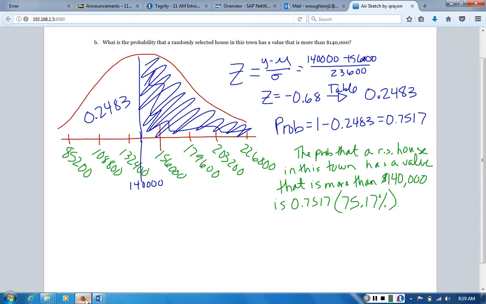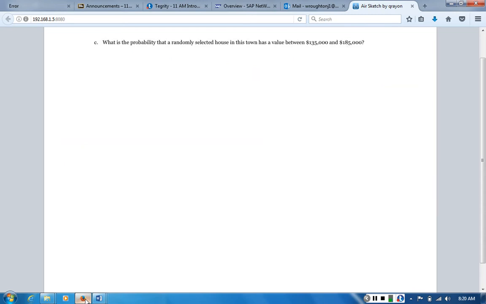Alright, so our last example of these. We want to find the probability that a randomly selected house has a value between the 135,000 and 185,000. So I'm going to start again with that same picture because the mean and standard deviation are exactly the same.